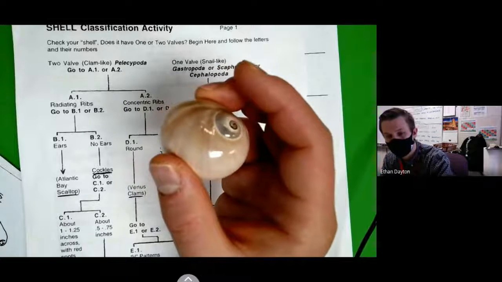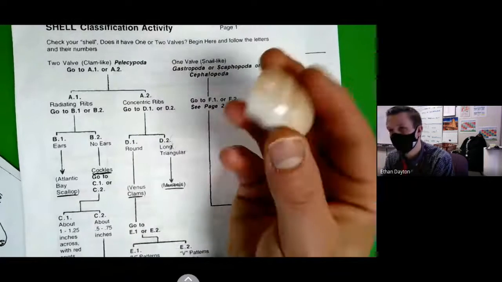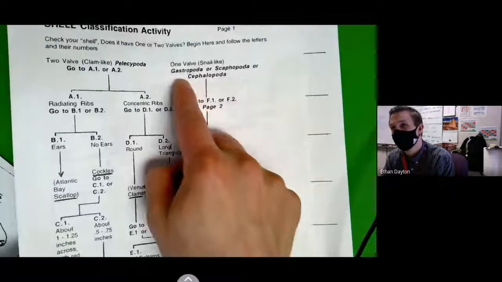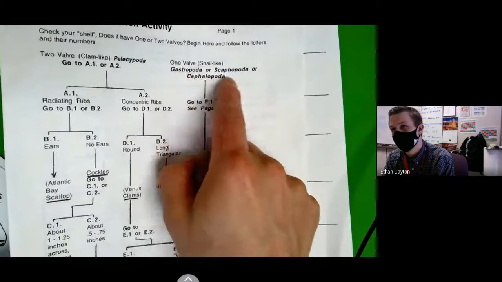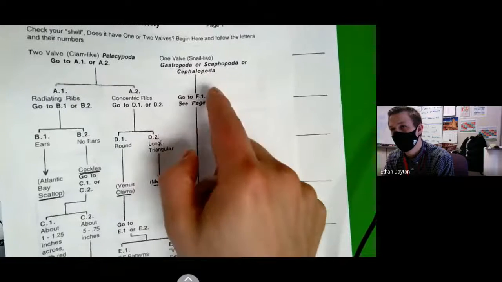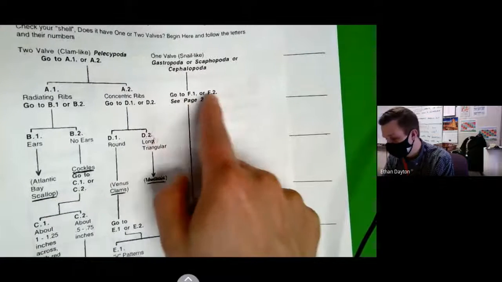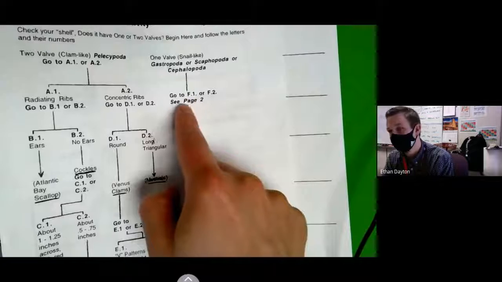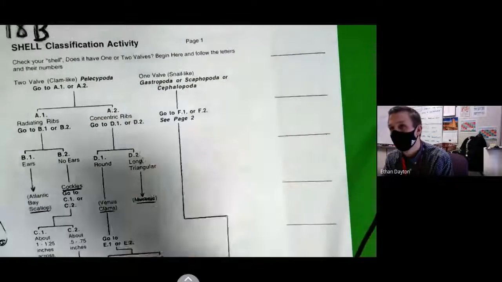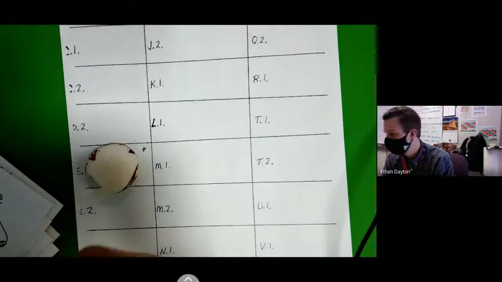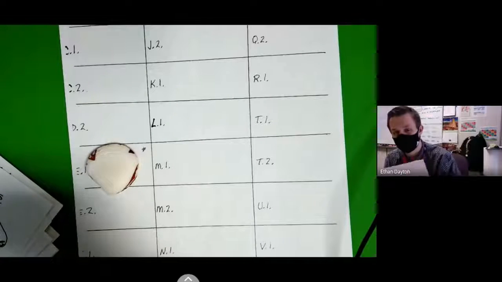Yep, one valve like a snail. So it is a member of either gastropoda or scaphopoda or cephalopoda. We don't know for sure yet. We're going to go to F1 or F2. That is on page 2. So everybody go look at page 2 on your dichotomous key, your shell classification activity.